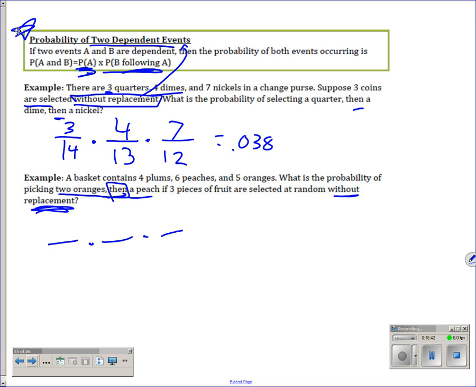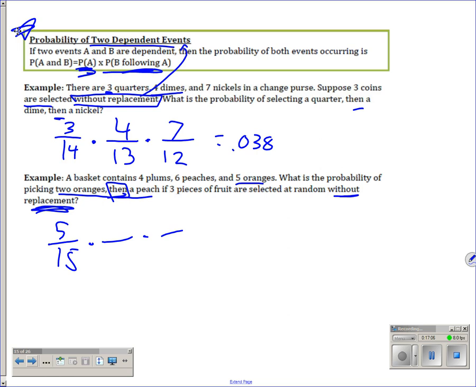Remember what I said: 2 oranges, then a peach. That means 1 orange, then another orange, then a peach. So what's the probability of getting 1 orange? We got 5 oranges out of 15 total fruits. What's the probability of getting another orange if I hold on to that orange? 4.